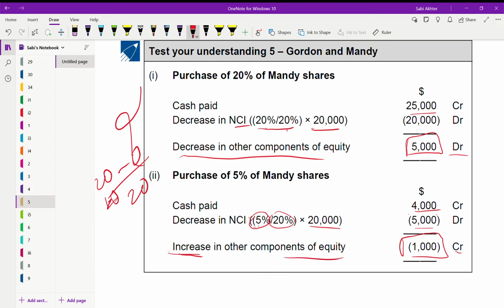You have to check like that, okay? So earlier I told that when there's a decrease in NCI, other components of equity also will decrease. That's not correct. The reason is because here cash paid is more than your decrease in NCI. That's why it's a debit. Equity reduced. But in this case, cash paid is less than your NCI decrease. Therefore, there's an increase in equity. So don't see this bracket sign. The bracket is there because 4,000 minus 5,000 is minus 1,000. That does not mean equity is decreasing. Okay. So it's a credit.